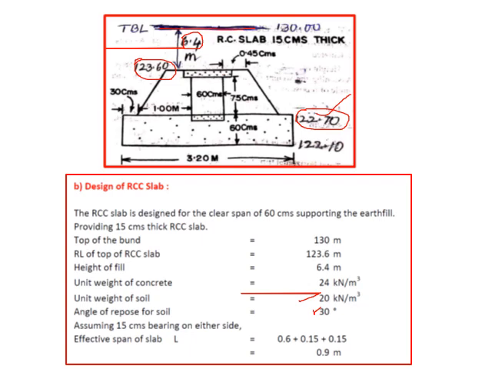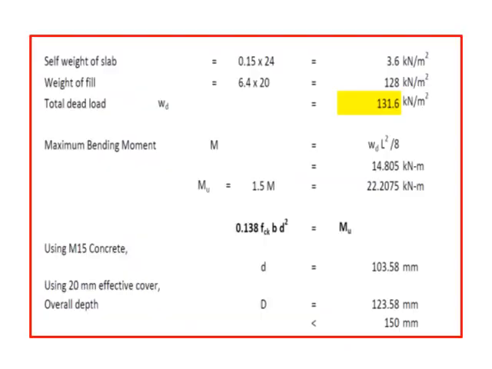This RC slab will be designed as a simply supported slab of clear span 60 centimeters. Therefore the effective span will be 60 centimeters plus 0.15 plus 0.15, where bearing is given as 30 centimeters, which comes to 0.9 meters.